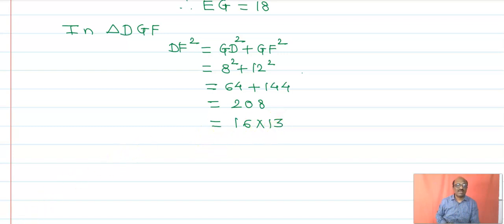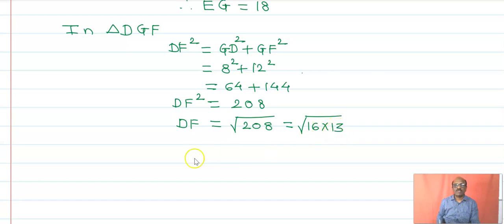Or we can write here, therefore DF square. Therefore DF is equal to root of 208, and that is equal to root of 16 into 13, and therefore DF is equal to 4 root of 13.